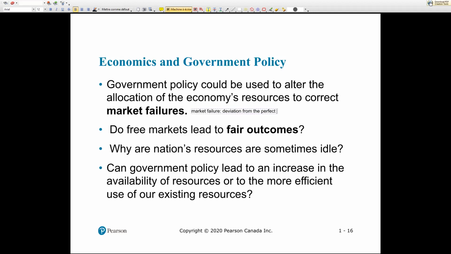competition, equilibrium. So this would be perfect competition.